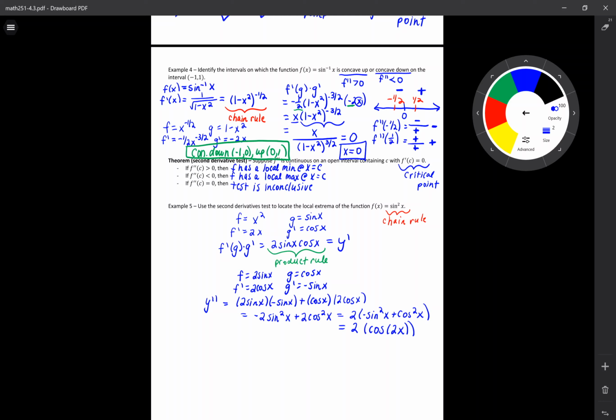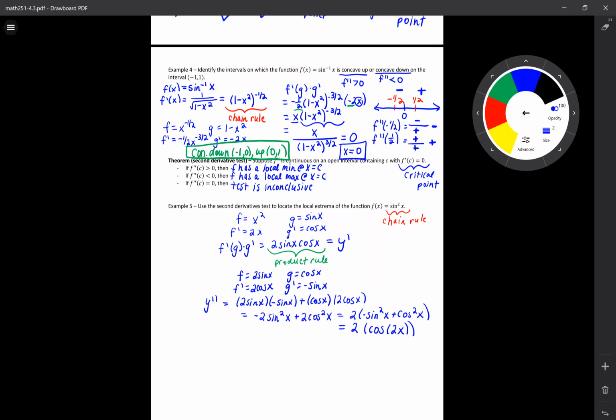So next, now that I have my second derivative, I'm using the second derivative test here. Actually first, according to my second derivative test, I need to find f prime of c is equal to 0. So I first need to set the first derivative equal to 0.